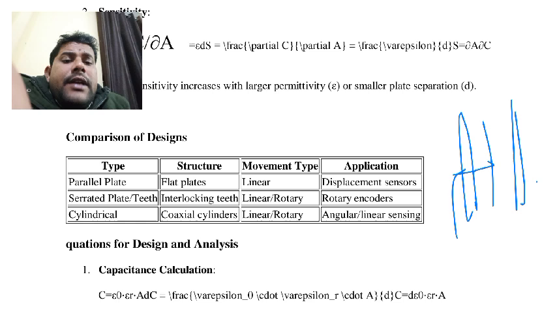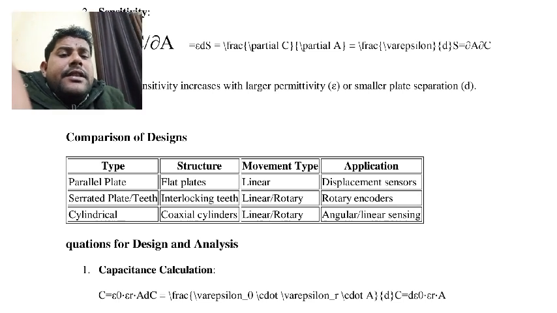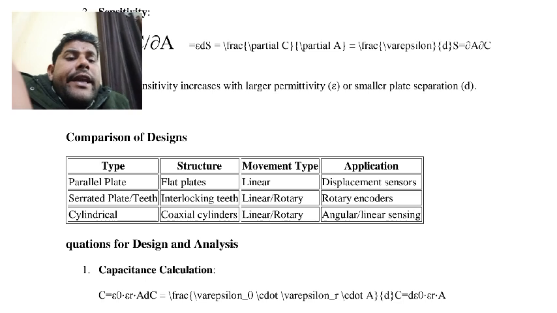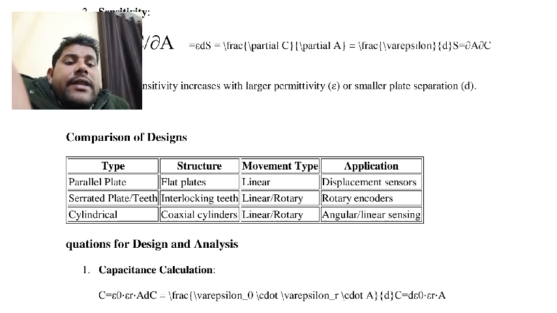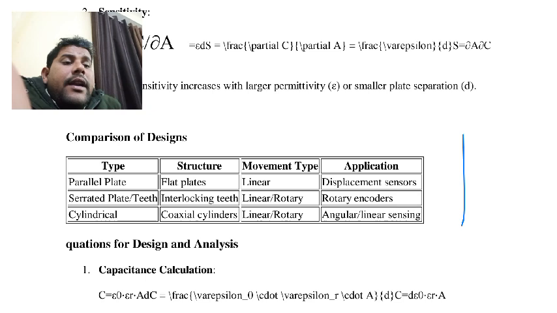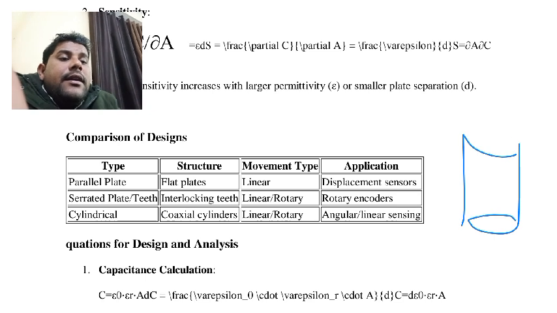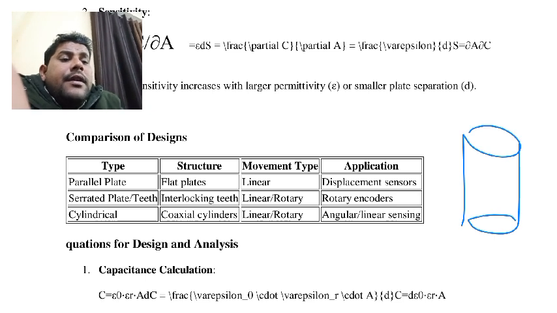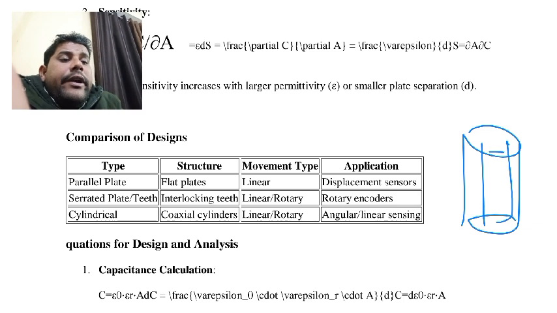Another is the serrated plate or teeth type. The structure is interlocking teeth. Movement can be linear or rotary, both are possible. Applications: rotary encoders. Then the cylindrical type, with coaxial cylinders. There are two cylinders: one is the inner cylinder and the other is the outer cylinder, which moves up and down.